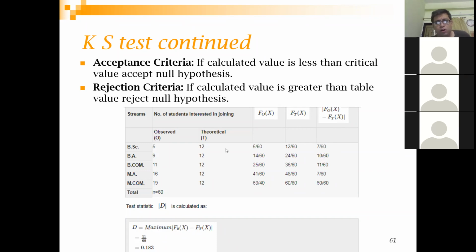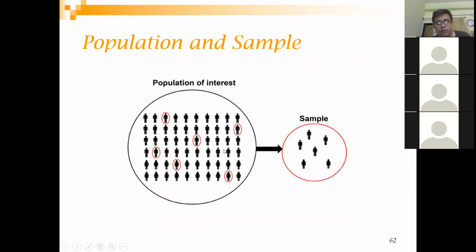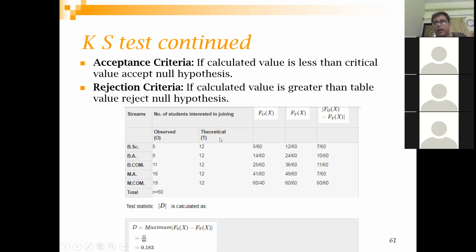I am not sure if I have kept... So basically, I should have kept the KS table. Just remind me, next time I will put the KS table. So you take this value of D, go to the KS table, and then you can conclude whether this value 11 by 60 is small enough for you to accept this deviation or not.